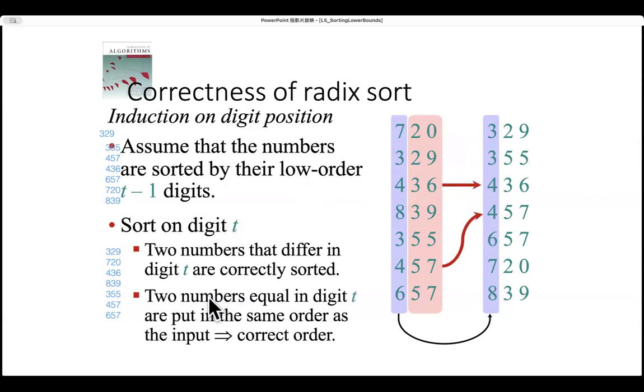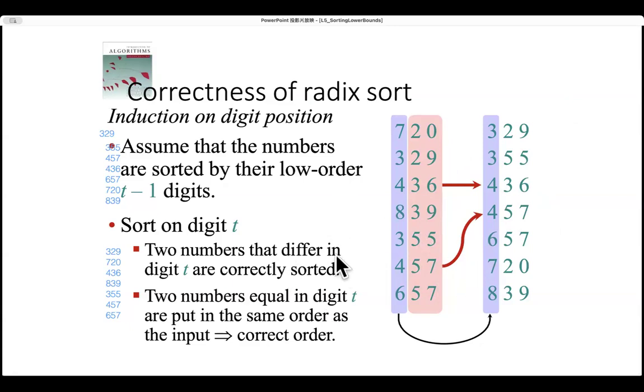And if two numbers are equal at that digit, for example, this is 4 and this is 4, you put them according to their order, because it's a stable sort, and the previous digits are already sorted. So the stable sort guarantees that 436 will appear earlier than 457, which again makes sure the result is correct.